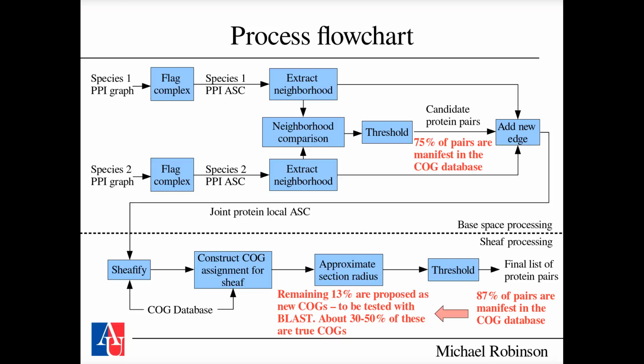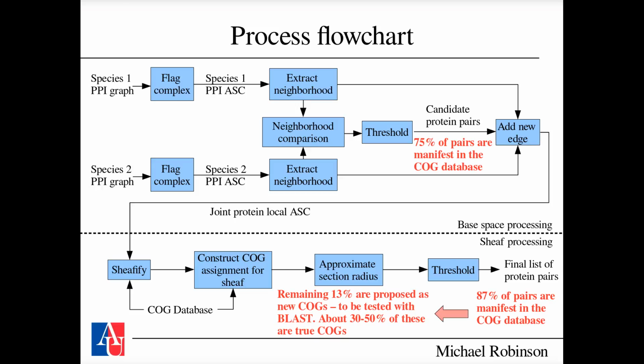So we're able to fill out that COG database with some degree of certainty. It's not perfect, and as you'll see, the likelihood that a protein pair is indeed a new COG is quite strongly related to the consistency radius associated to this sheaf.